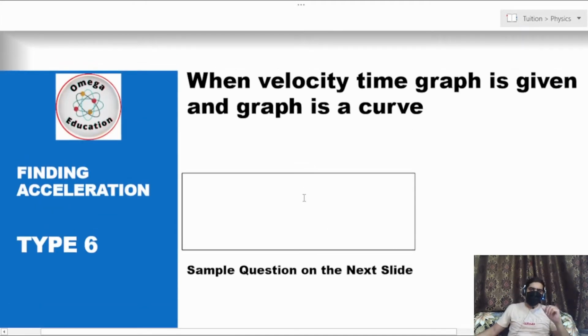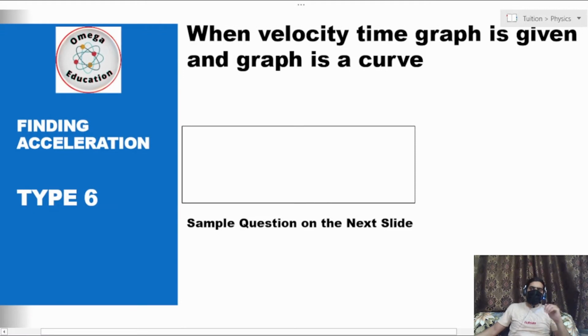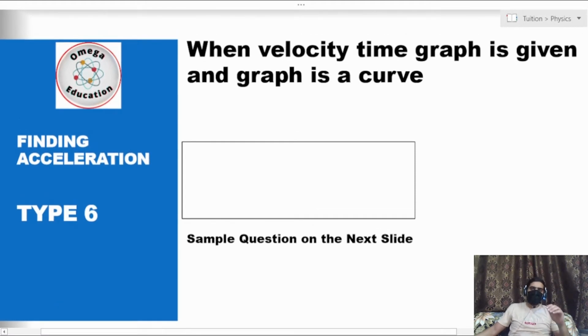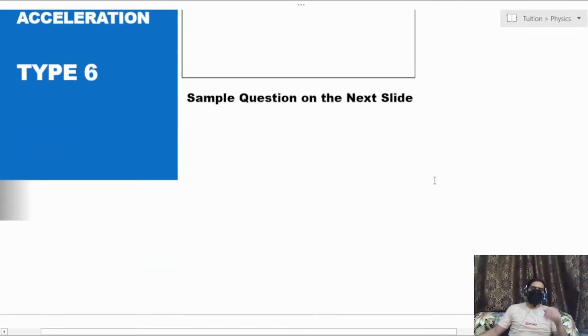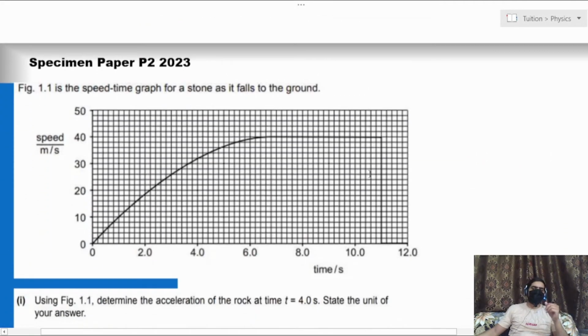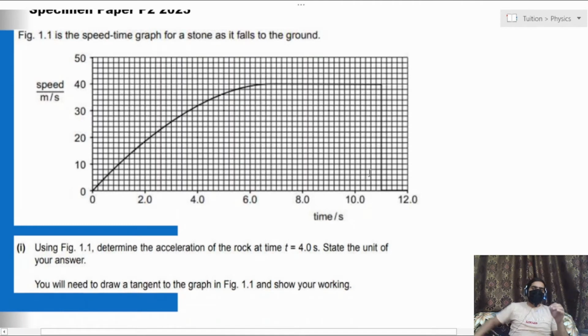Now the question is, if the object does not have a fixed acceleration, then how can we find the acceleration? Or how would we know at what stage we need to find the acceleration? The answer is obviously they'll mention in the question the instant of time at which you need to find the acceleration.